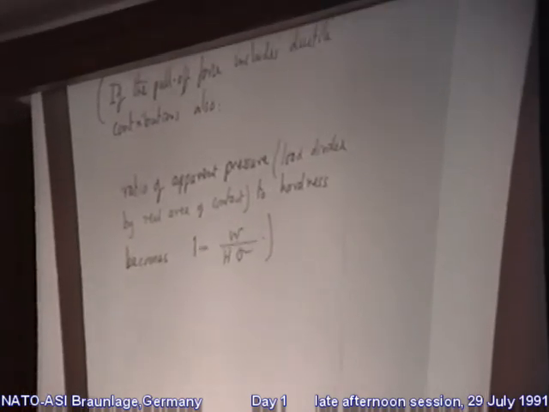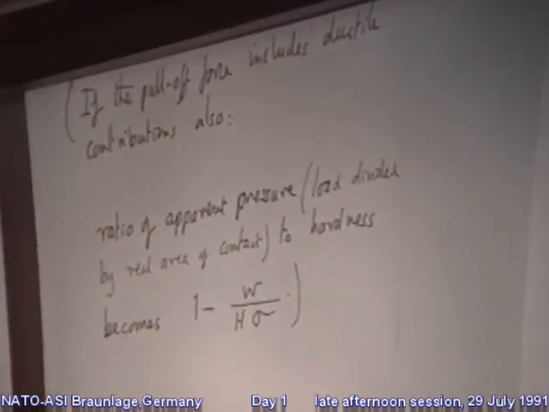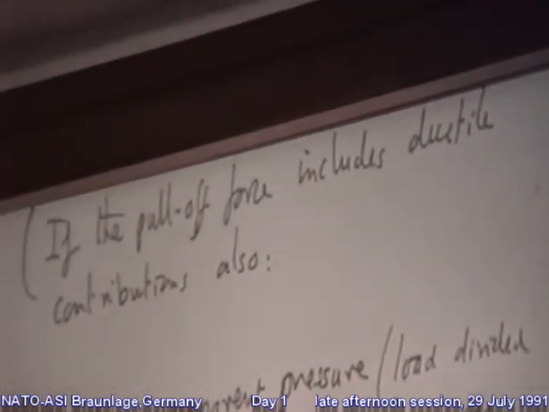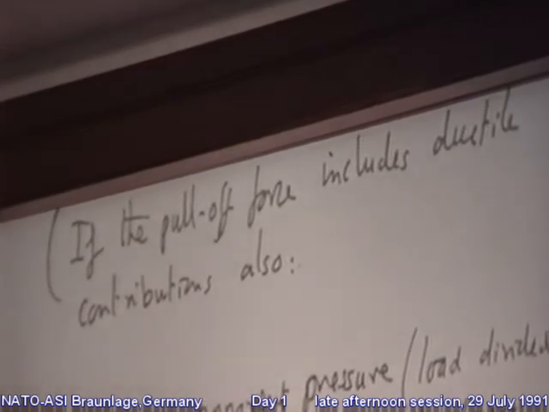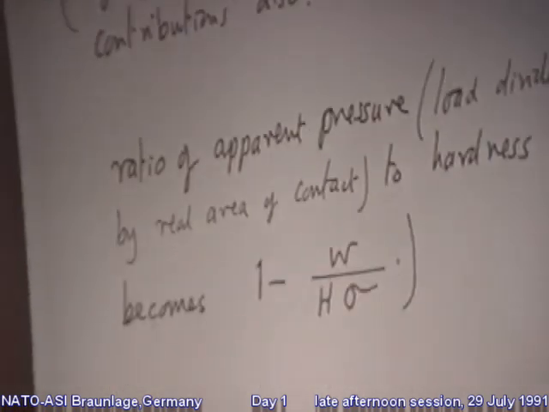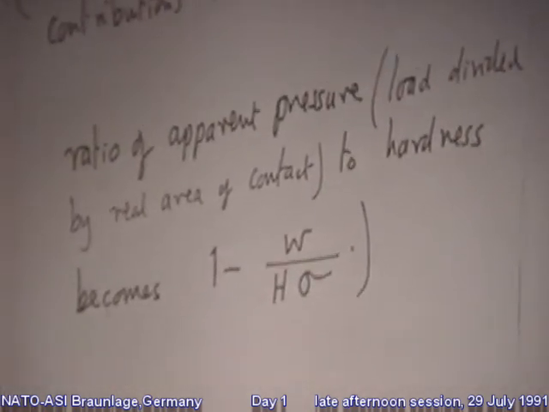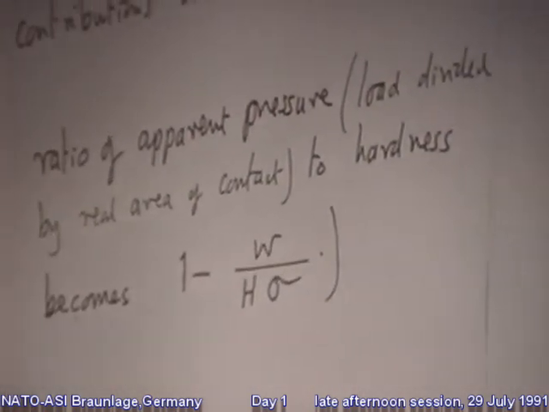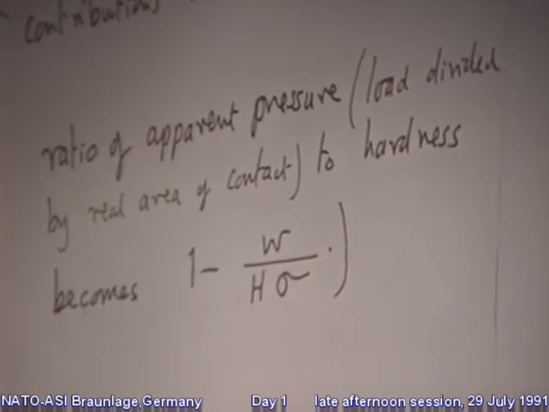It turns out that a parameter of importance is W divided by H times sigma. W and sigma as before, H is the hardness. And the value of that parameter determines whether or not we get instability. If we get instability, we'll get more plastic deformation until finally equilibrium is reached.